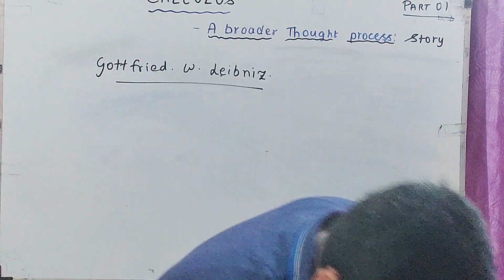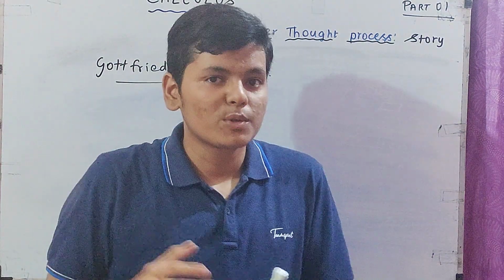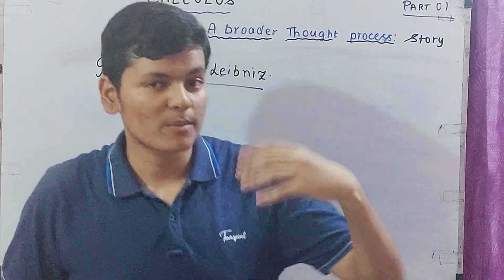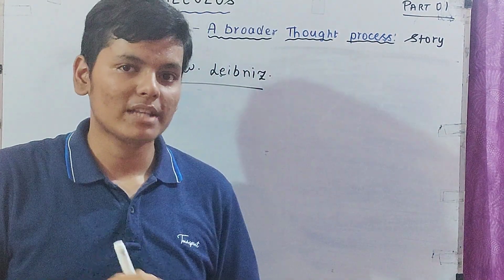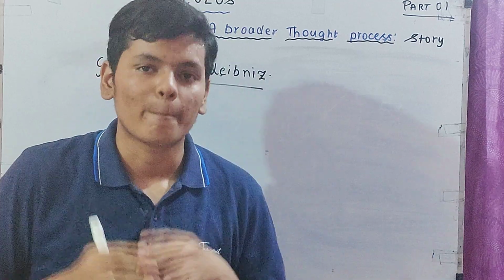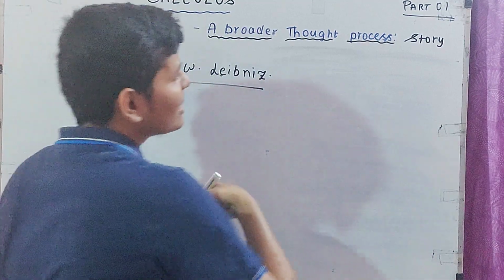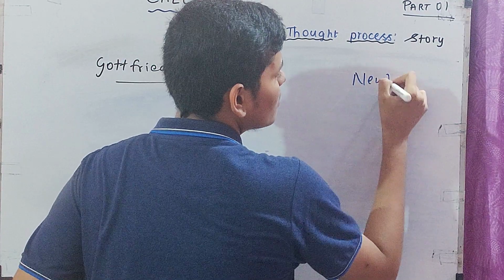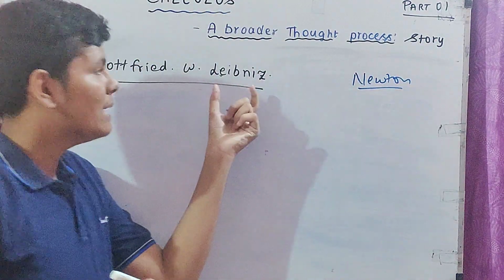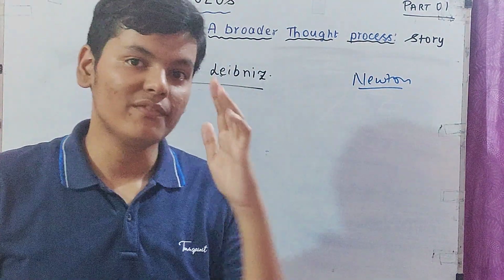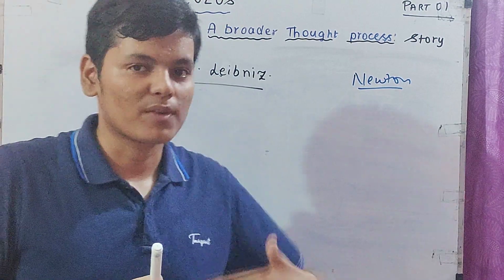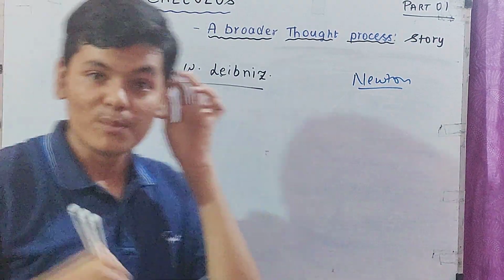Now, if you try to look up the history of calculus, you will find that many scientists or physicists believed that Sir Isaac Newton and Leibniz were actually two very separate people. Sir Isaac Newton was from the United Kingdom, Leibniz was from Germany.